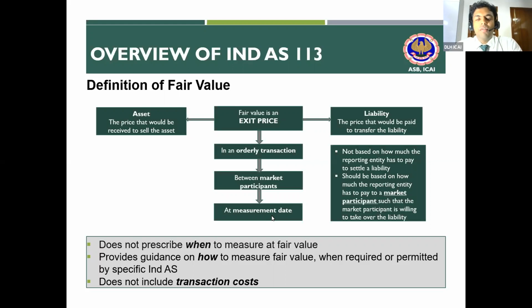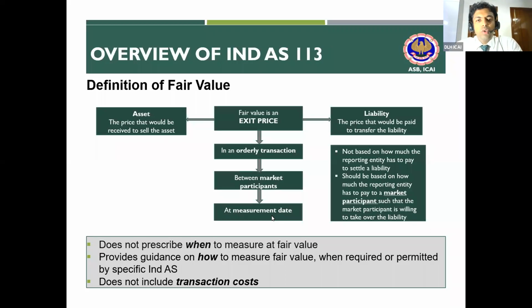So in a nutshell, fair value is nothing but a market price at which reasonable people, who are unrelated parties, can enter into a transaction, and who have a reasonable mindset and are willing to enter into the transaction. That is what the fair valuation concept is.